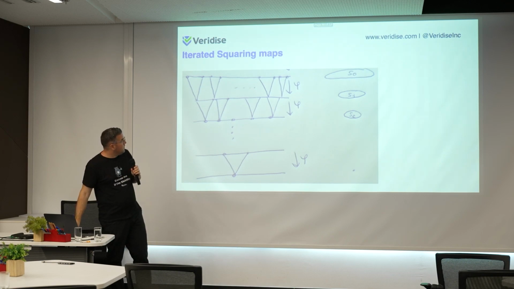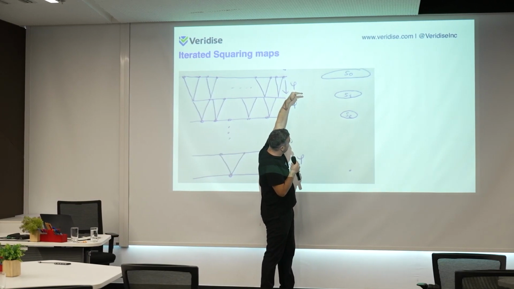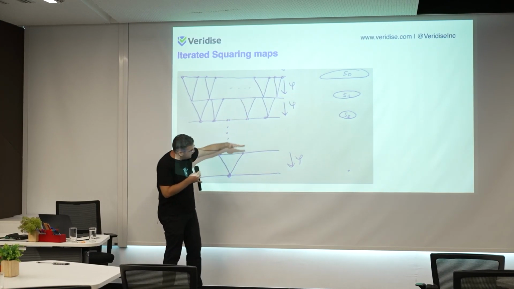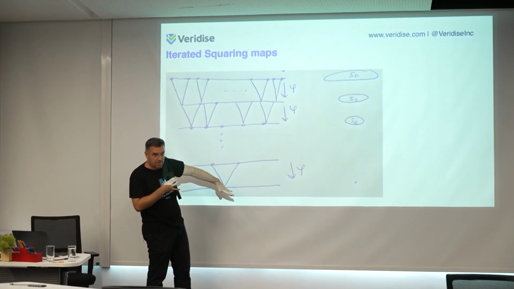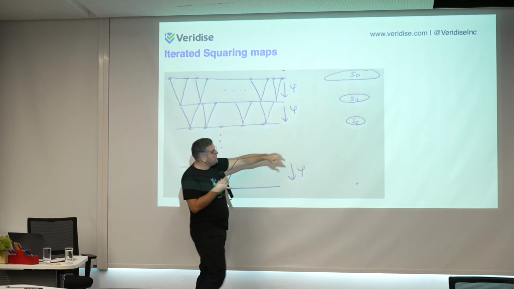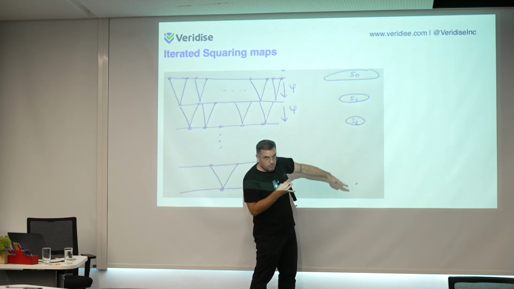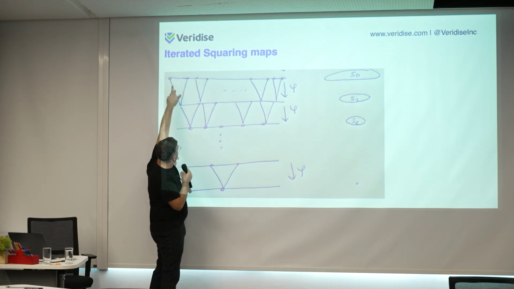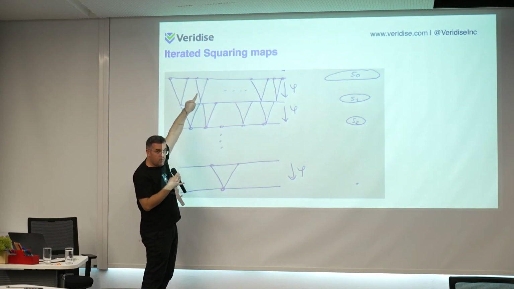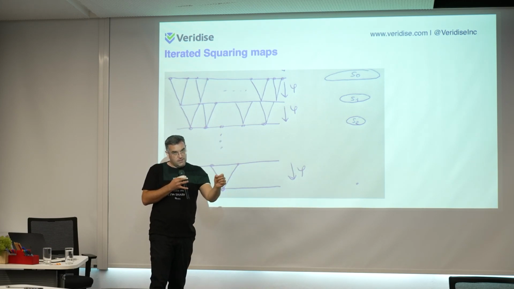And what property does this covering satisfy? On the top level, this is just an iterated way of looking at the same map. You look at various copies of the squaring map. And it had the nice property that at the very top you have a certain set, which is mapped under the squaring map to smaller and smaller sets. If you have a given point in the set, you also have the other point which forms a pair with it, so that once you look at the image, you get a smaller set.